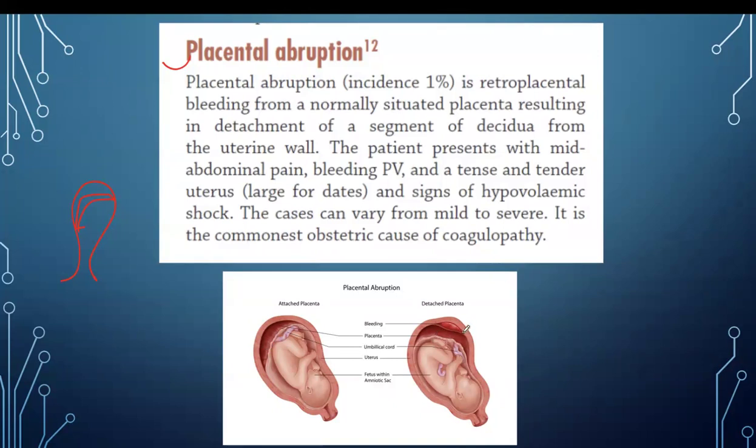The bleeding can either accumulate inside the uterus, and the uterus will get bigger and bigger because blood is collecting there. That's called the concealed variety of abruption. Or the patient can have bleeding per vagina. So blood can come out, which is the revealed variety of placental abruption.